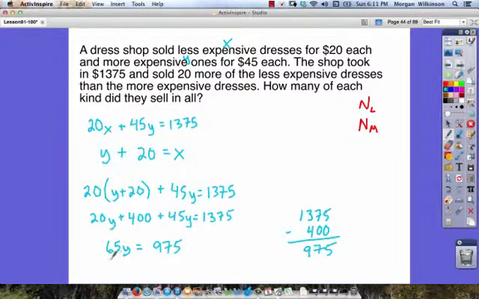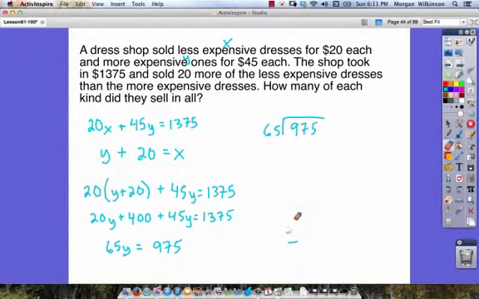Then we can go ahead and divide both sides by 65 to find our answer. Well, 975 divided by 65, let's see what we get. We'll erase some of our work on the side. 65 goes into 97 one time. Whoops, we need the pen.